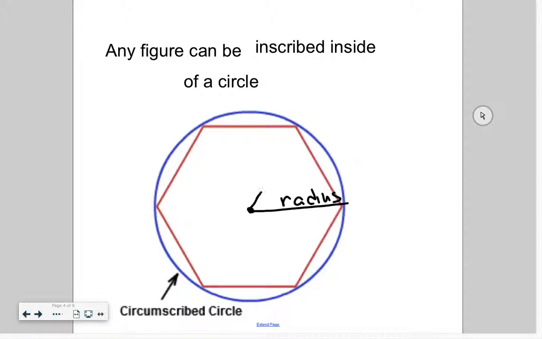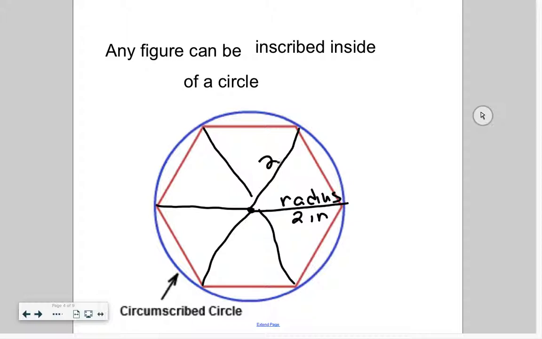This hexagon, this six-sided figure, is going to have 6 radii. And what's key to understand for radii, which is the plural for radius, is that the radius of a polygon is going to have the same measure no matter what position you're going in. So if I tell you that this radius is 2 inches, that means that this one's also 2, this one's also 2, this one's also 2, this one's also 2, and this is also 2.